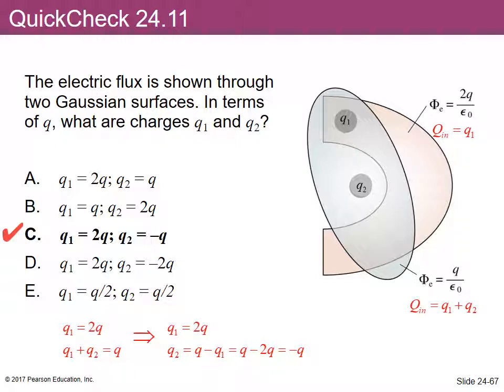The answer is C. The first surface has one charge, so the total charge inside is 2Q. The second surface has two charges, Q1 and Q2, which sum to Q.